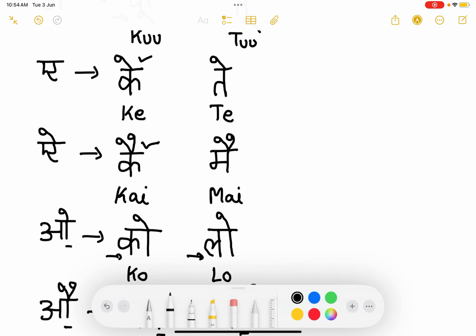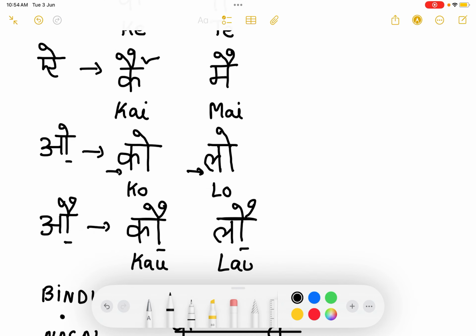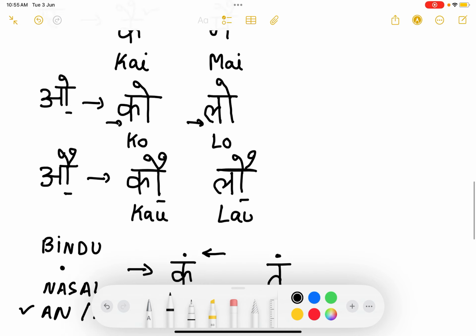That's ke, te. The ai matra is two slant arms placed on the top of the line. That's kai, mai. Two slant arms curled up.